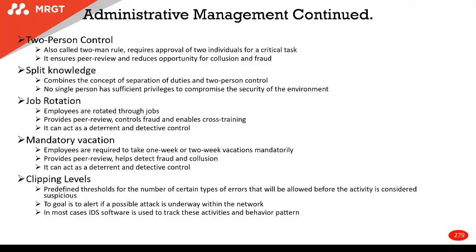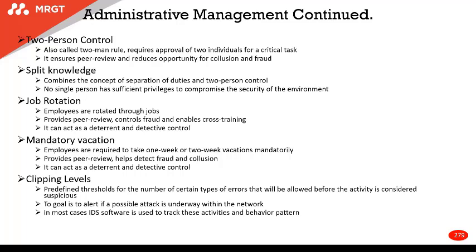Split knowledge is again part of it. Two-person control with split knowledge is like having a password which is broken up into two parts. Key escrow is a practical example of that, but I'm just giving you a simplified example. There is a password set for a particular function, and that password is split into two different parts, and each part is shared with a particular party.